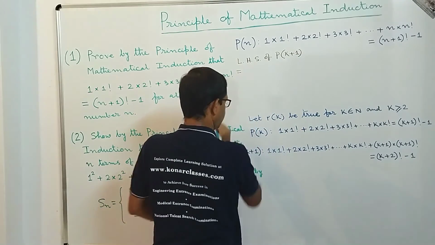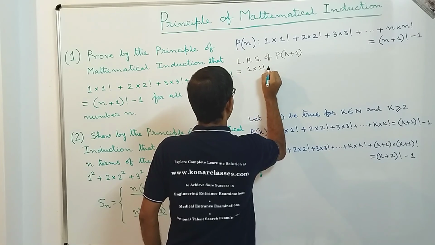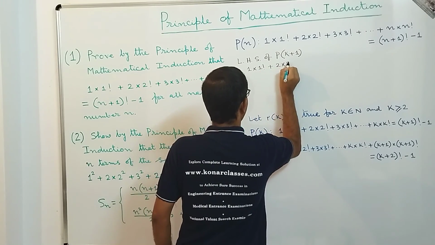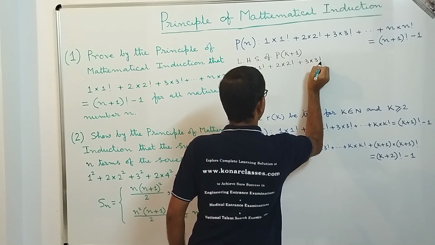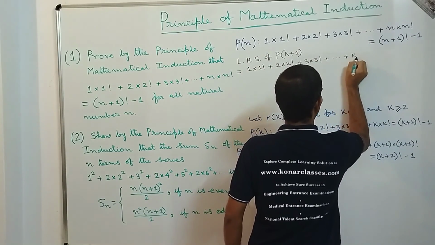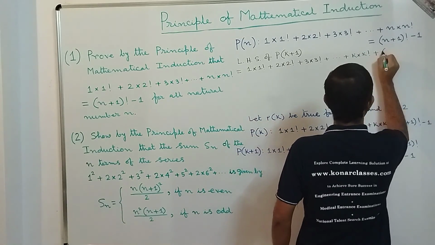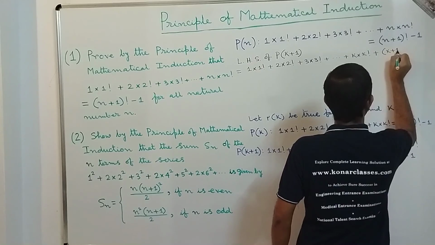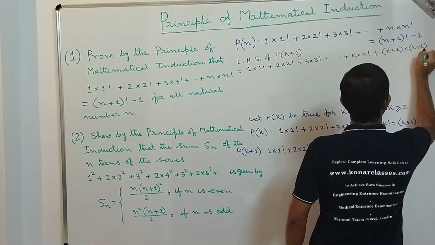That is equal to, dear students, 1 into 1 factorial plus 2 into 2 factorial plus 3 into 3 factorial plus dot dot dot plus k into k factorial plus (k+1) into (k+1) factorial.